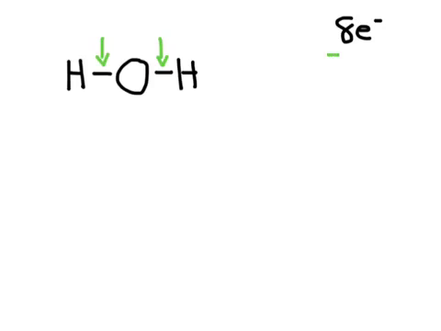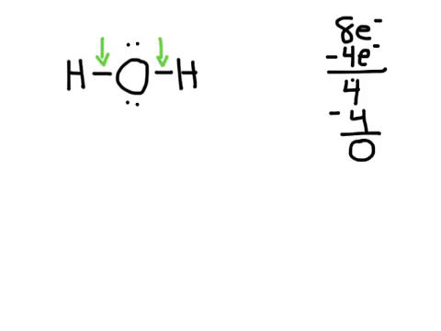So I subtract 4 electrons because I've used 2 bonds. That means I have 4 remaining. Now where am I going to put them? The only place I can put them are as pairs of electrons around oxygen. Minus 4 equals 0.